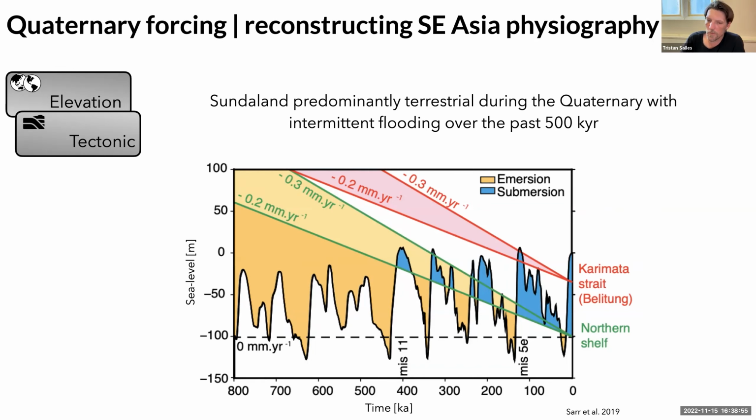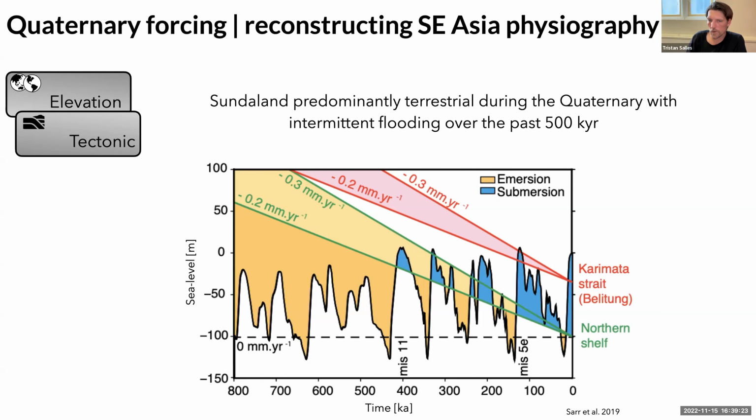What was found is that up to, let's say, 10 years ago, people were thinking that this Sunda land region was intermittently flooded due to sea level change. What these new findings about the tectonic forcing in the region show is that before, let's say, 500,000 years ago, most of the region was actually terrestrial.